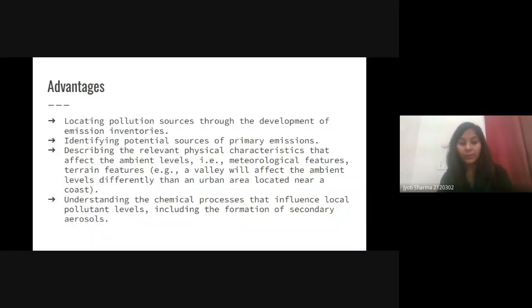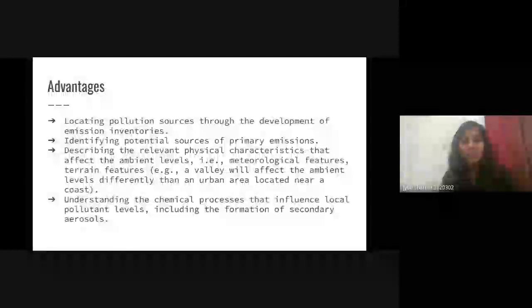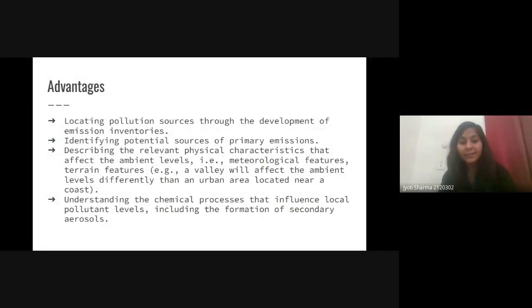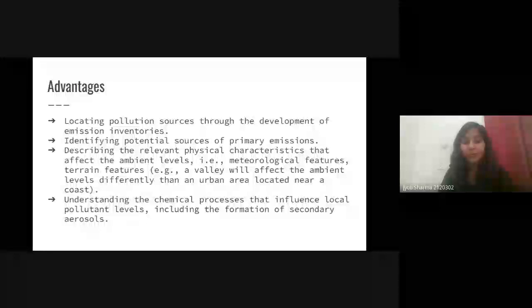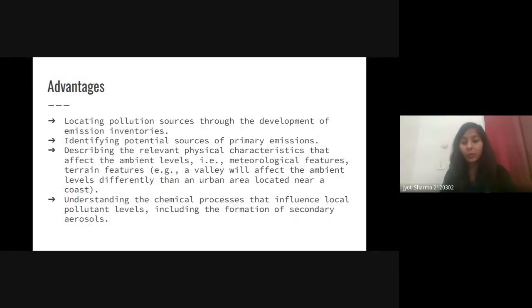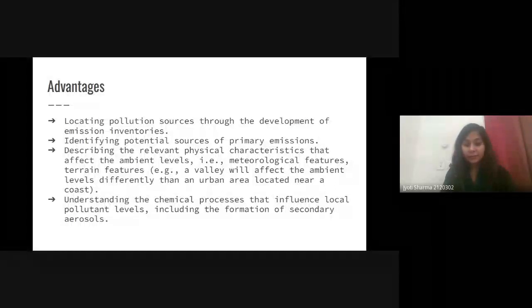You know about the primary pollutants, so it can identify the potential source. Then it can also describe the relevant physical characteristics that affect the ambient level, because we need meteorological conditions and topographical information, and these will also be considered in such models. So this is very relevant for us.